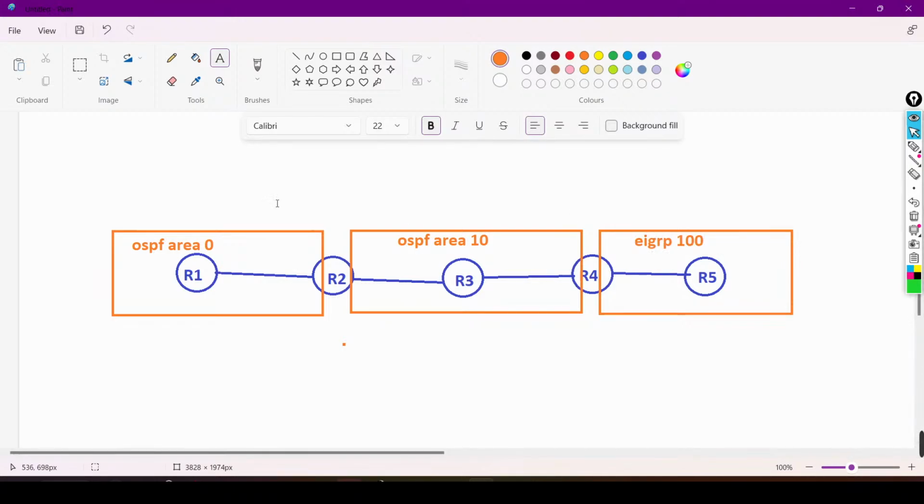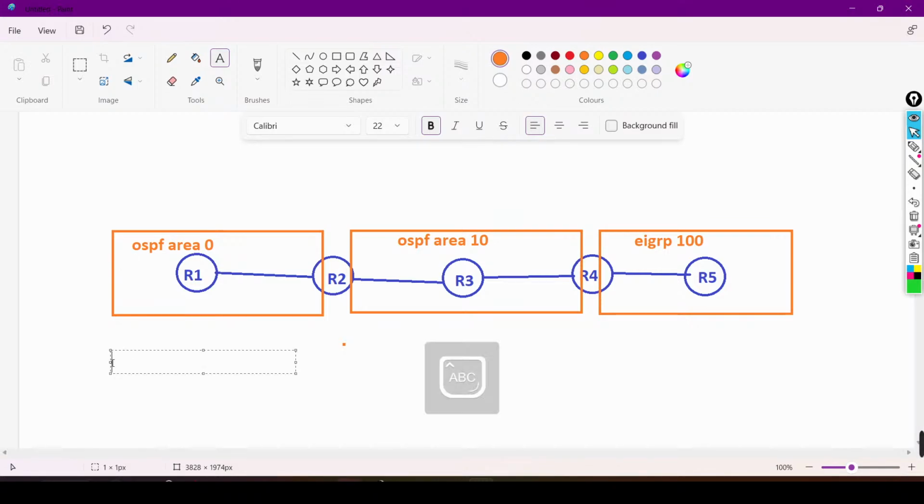So tell me which router is the backbone router, guys? R1. R1 is the backbone router. Yes or no? Because all interfaces of R1 belong to which area? Area 0, right? R2 is which type of router? ABR. Yes or no? Because this router has one interface in area 0 and one interface in a regular area.